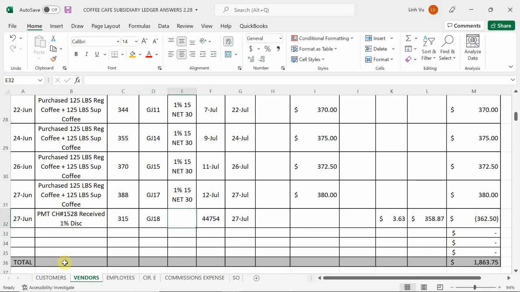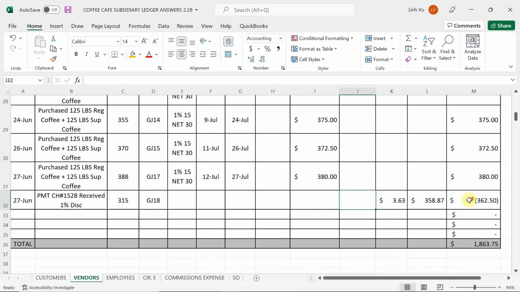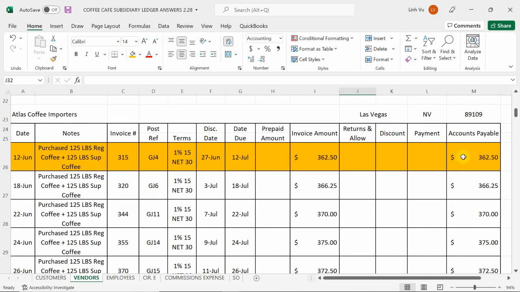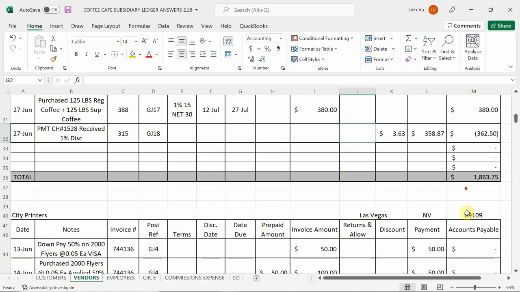for General Journal 18. No discount or due dates here because I'm making a payment, which we recorded the discount to be a total of $3.63 and a total payment of $358.87, which again, we paid off the invoice 315, which they billed me for $362.50, and there it is.